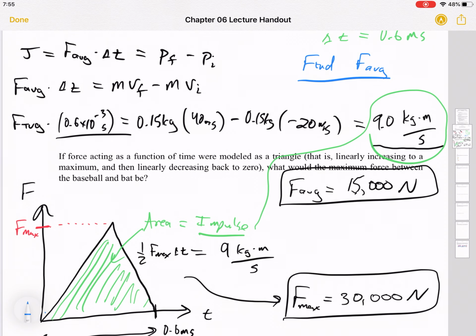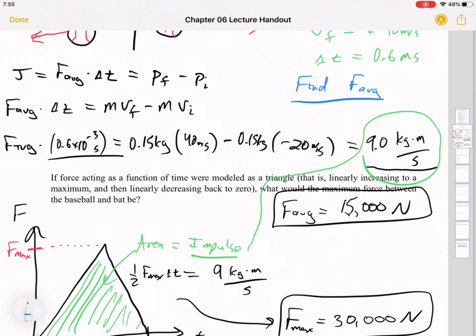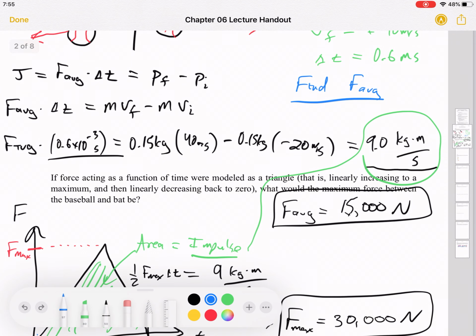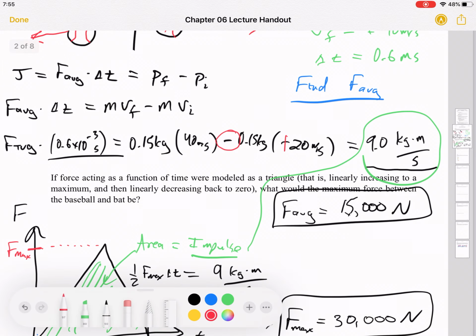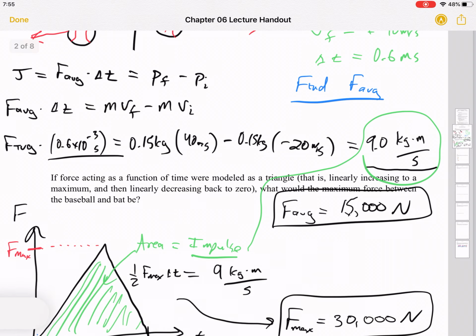By the way, you see here why the sign mattered. If I had left this velocity positive, this would have been an actual subtraction problem and not an addition problem, and I would have gotten a smaller impulse than I was expecting.